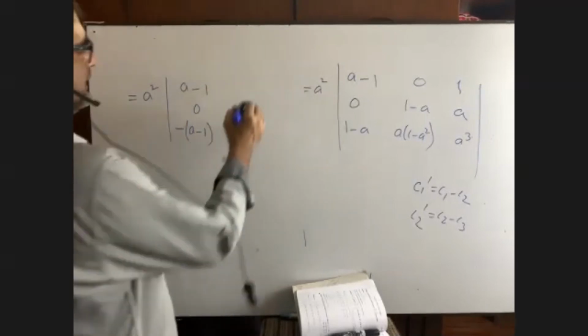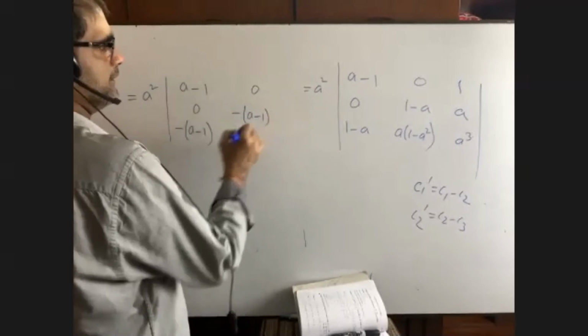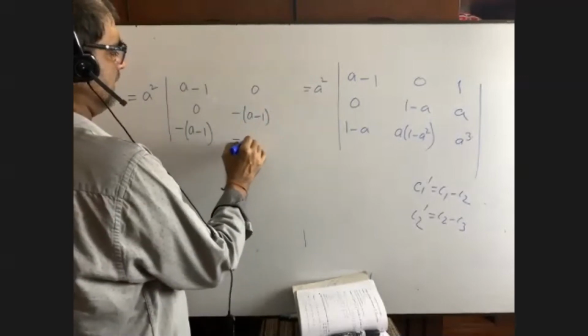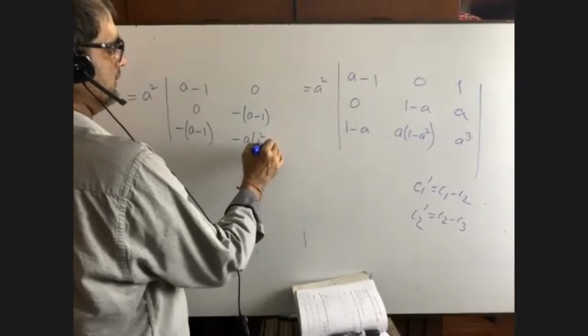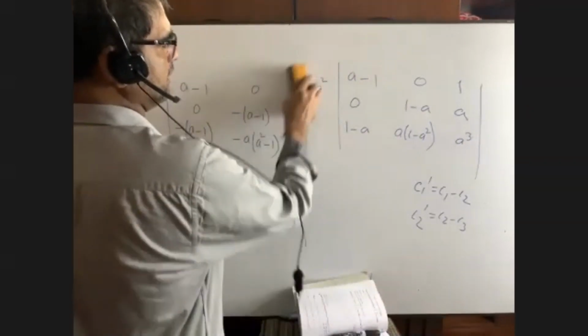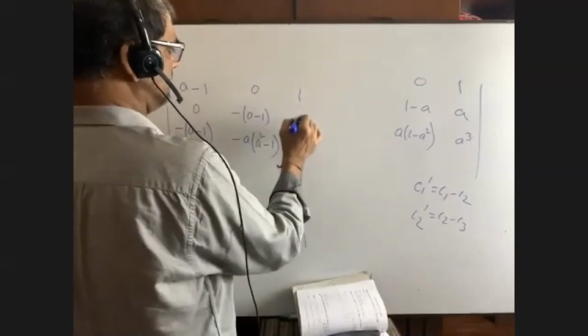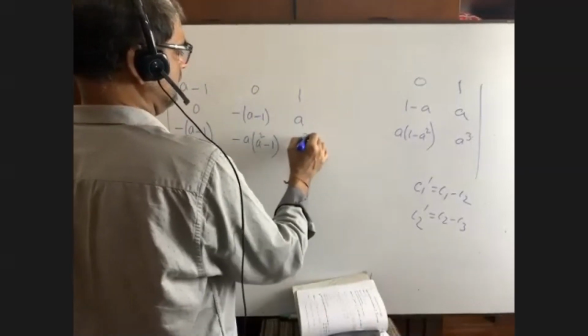Next line, it is 0, minus a minus 1. It is minus a square minus 1. And here it is 1, a cube.